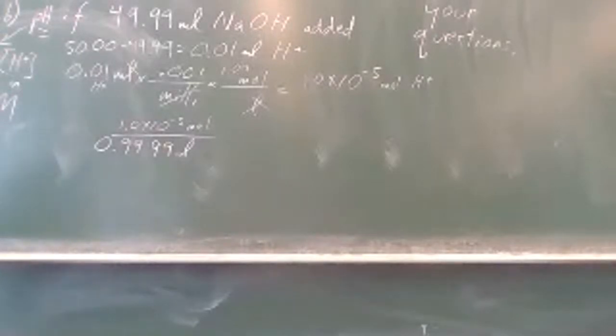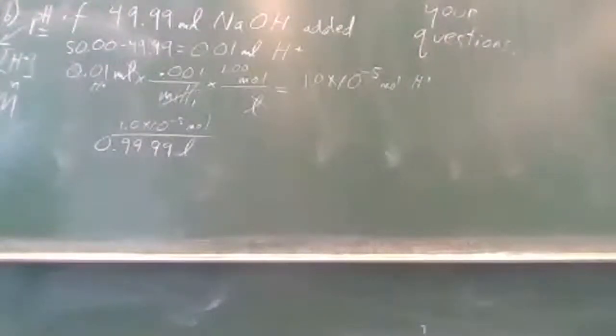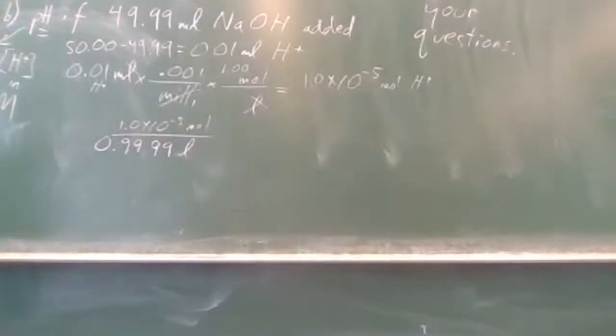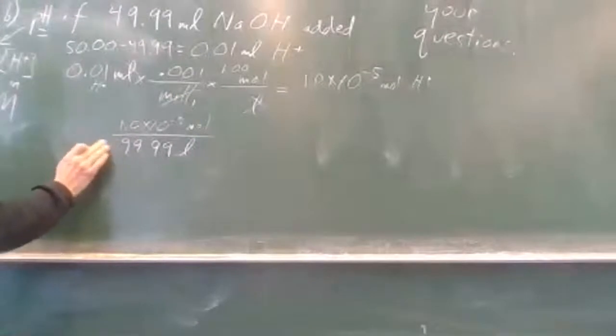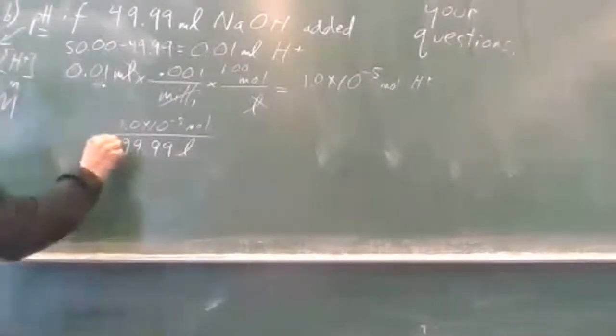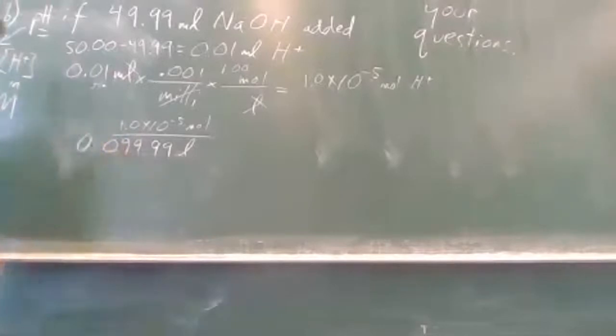Wait a minute. Now there's something goofy here. Did I screw up? Hold on. I screwed up this year. So it'd be 99.99 milliliters. This is not right. It would be 0.09999 liters.